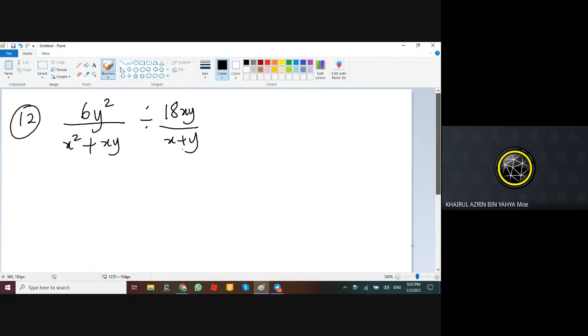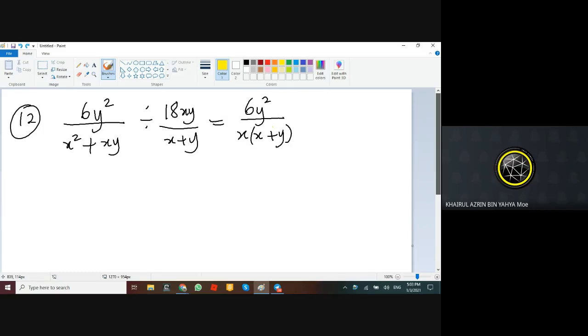So what we do here, we just write again 6y square. Okay. X square plus xy, that one we can factor. We can factor x. So we write x in bracket x plus y. This one we can factor become like this.